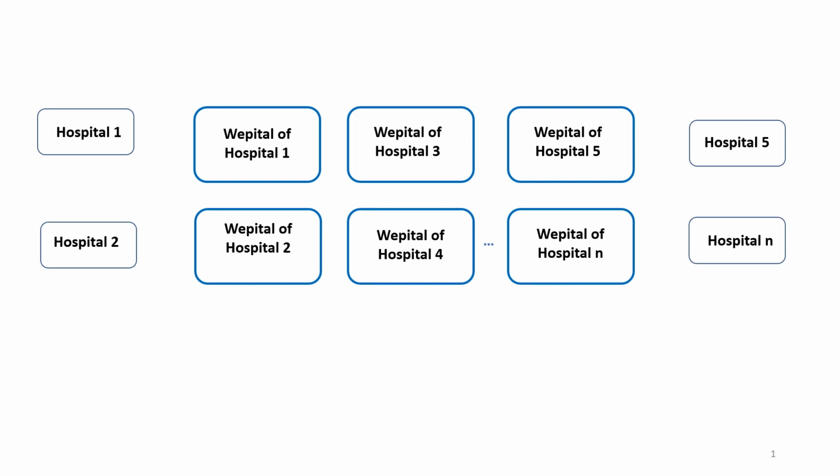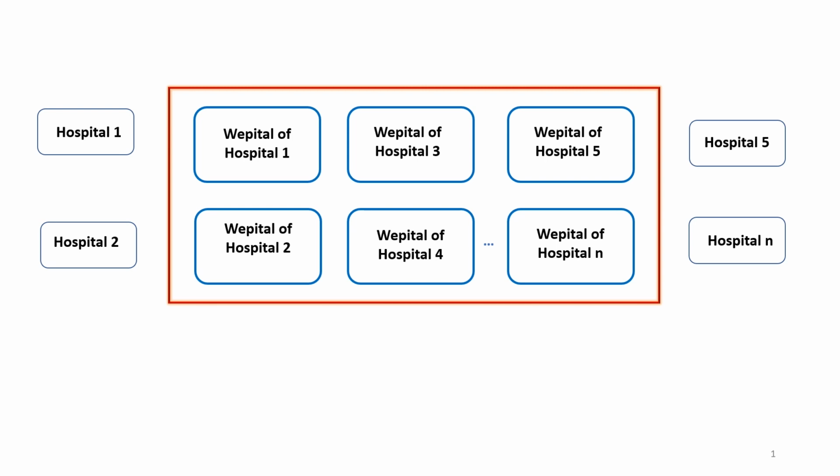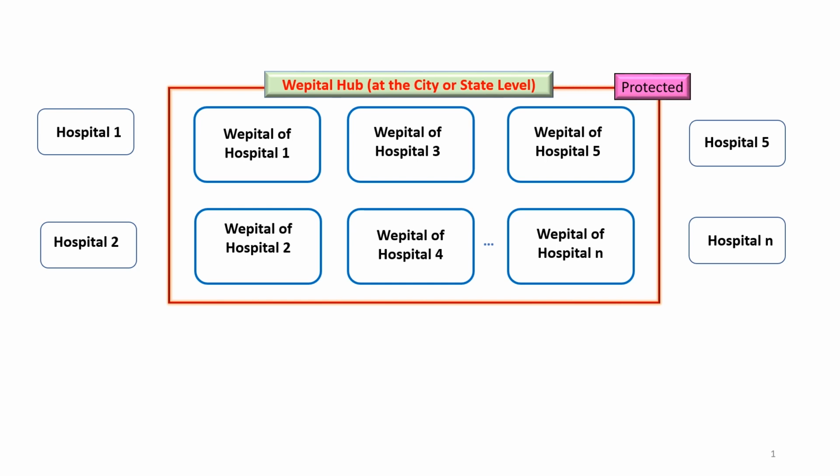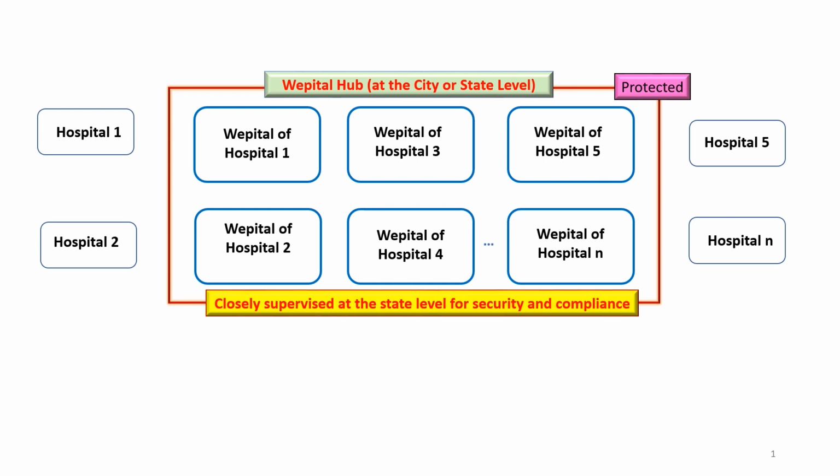Each hospital has its own wepital, but we need a wepital hub for each city or state. Why? Because we need to protect wepitals and closely supervise each for security and compliance. Each hospital can build its own wepital in the hub. The patient's real avatars can transfer from one wepital to another with full protection and ease.